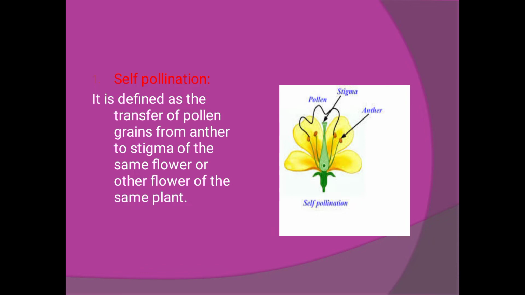One flower has only the male reproductive part and the other flower has only the female reproductive part, that is gynoecium, and the male reproductive part is androecium. So when the pollen grains are transferred on the flowers of the same plant or between the same flowers, this is called self-pollination.